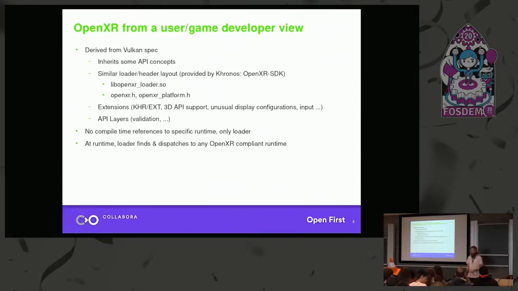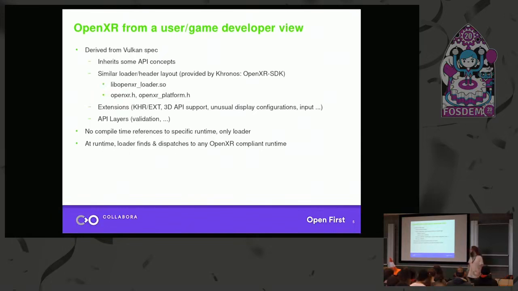That's similar to how you would use a Vulkan driver. If you write a Vulkan application, you don't link directly to a driver, you link to the Vulkan loader and use the Vulkan headers from Khronos. And the Vulkan loader will be responsible for finding a Vulkan driver.